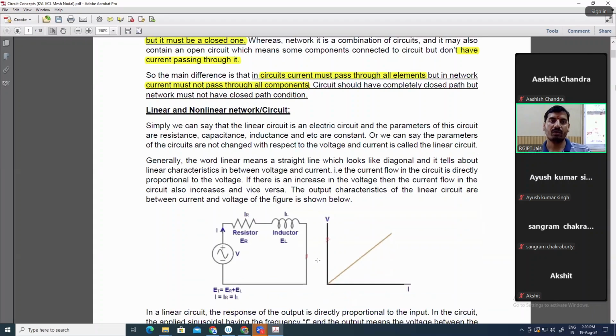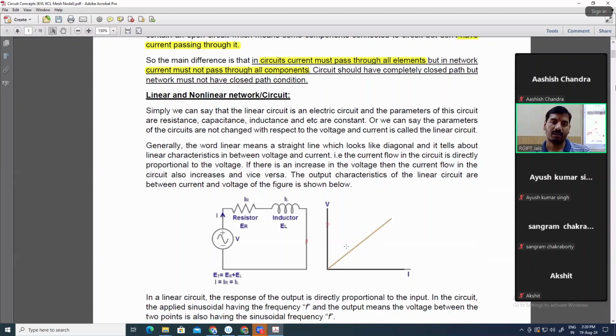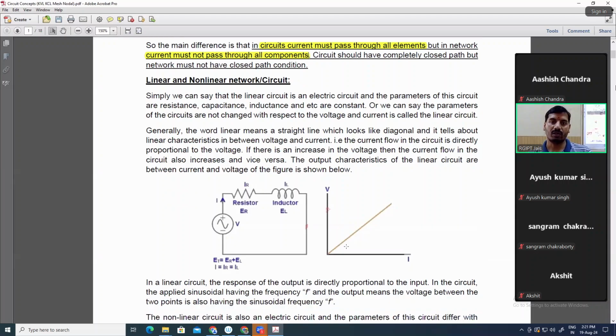Linear networks are those networks which have linear components present in them. Linear components are resistor, inductor, capacitor. The network which has linear components or linear elements is called a linear network.